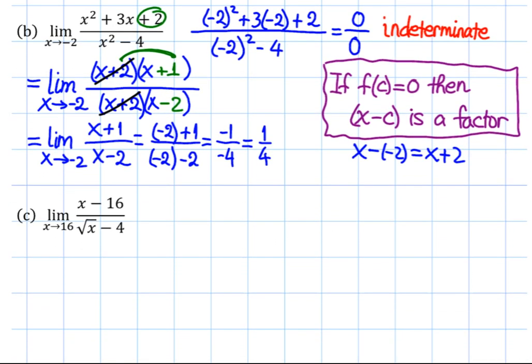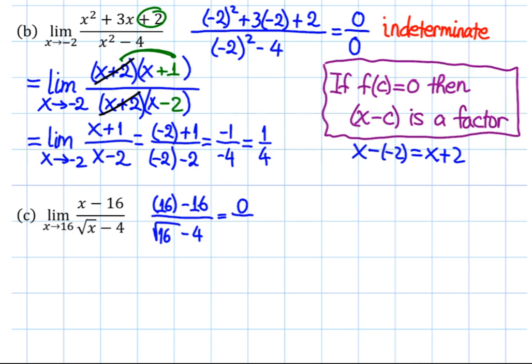Next, we're trying to find the limit when x goes to 16 of x minus 16 over square root of x minus 4. So we do the same thing. We put in 16 and see if it is defined. So 16 for x. We have 0.